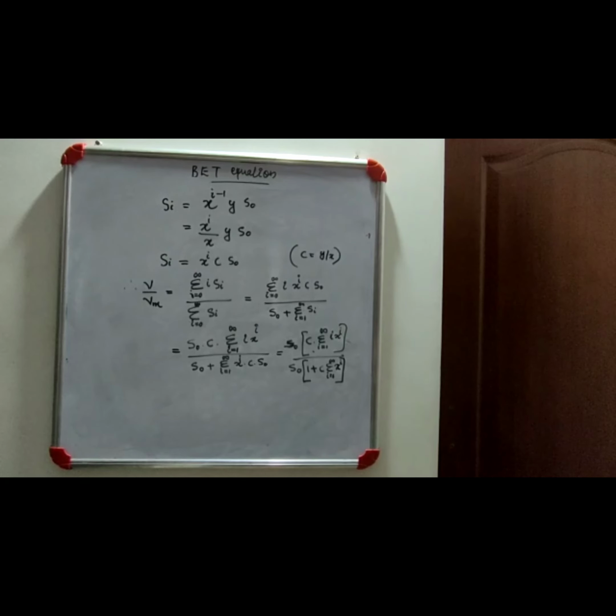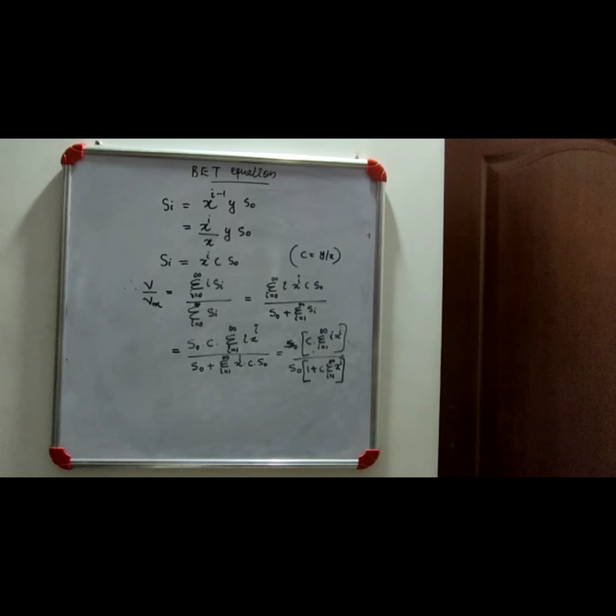Now let us substitute for Si. Therefore we will get V by Vm is equal to sigma i equal to 0 to infinity i into X raised to i into C into S0 divided by sigma i equal to 0 to infinity Si, which can be split into two terms as S0 plus sigma i equal to 1 to infinity Si.